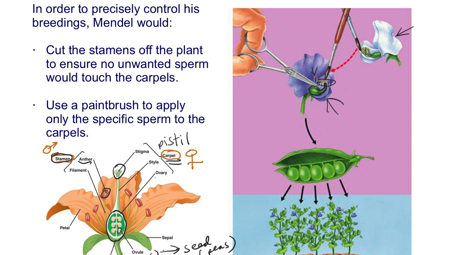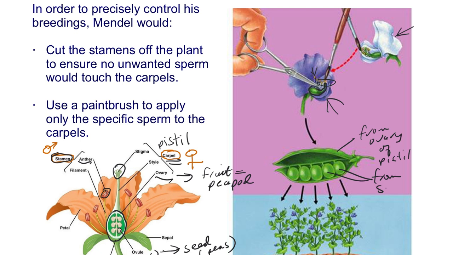Now, the ovary will turn into the fruit, in this case, the pea pod that protects the seeds. So this guy came from the ovary of the pistil or carpel, and these guys came from the ovules inside the ovary.